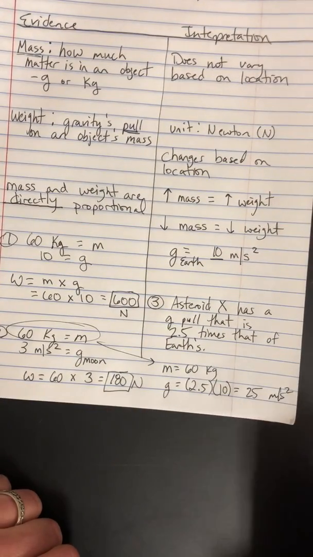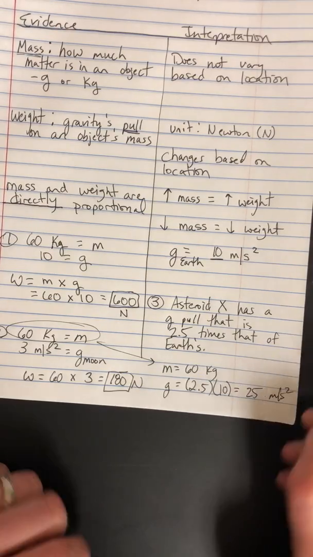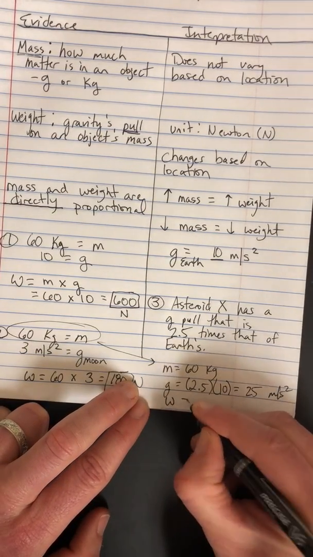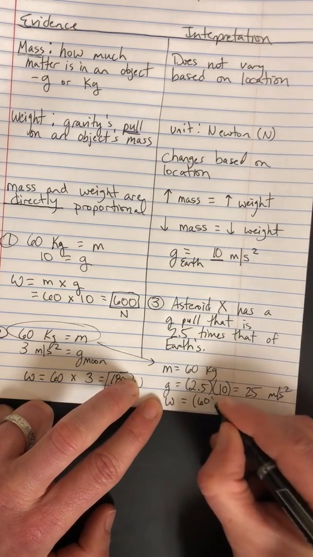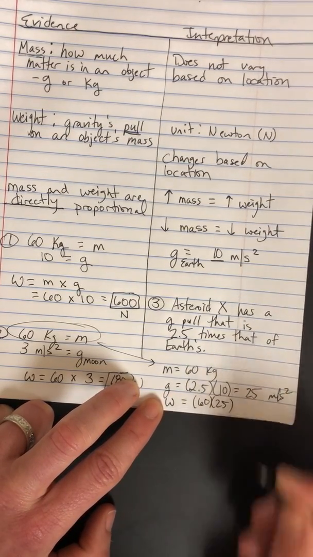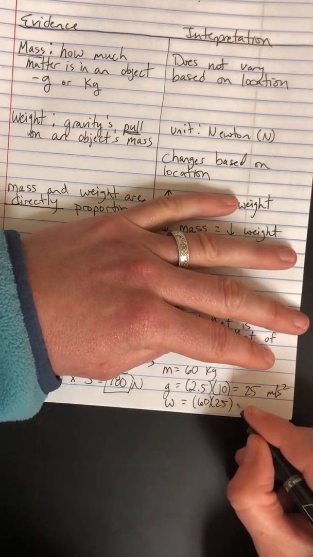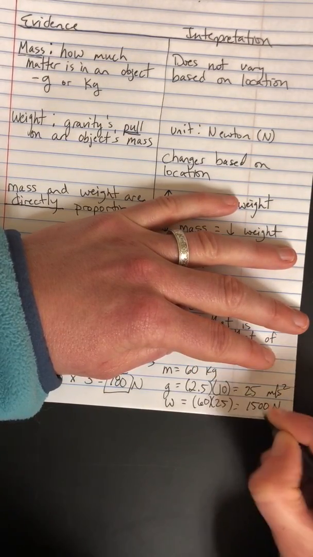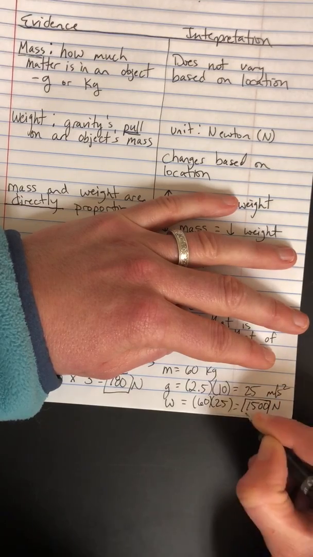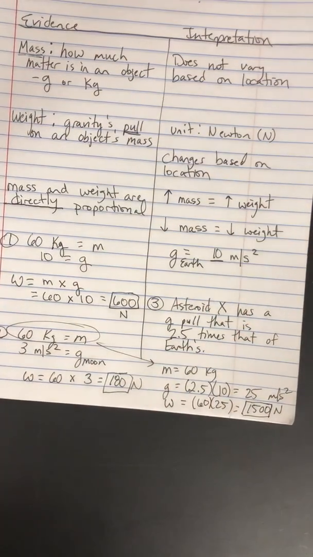And you guys are smart people, so you're probably already jumping ahead to the last step. So to figure out Lily's weight on asteroid X, it's just her mass multiplied by this new gravitational field, which is 1,500 newtons. Okay, 1,500 newtons.